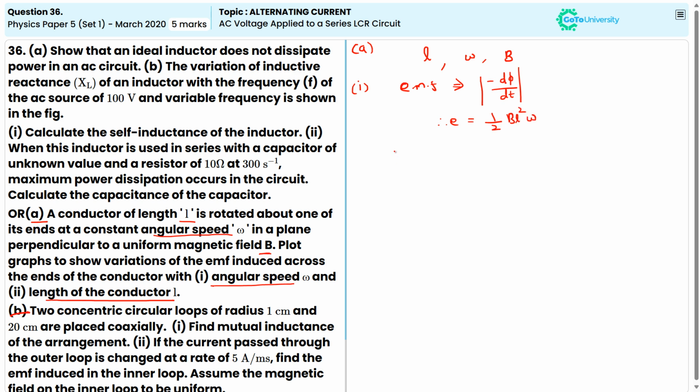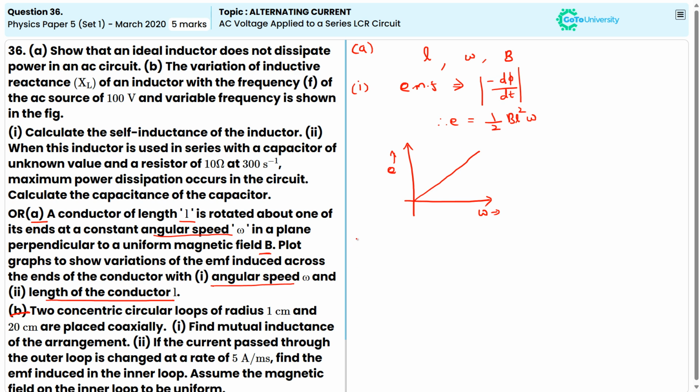Now first we'll get the graph for angular speed and the EMF induced. Let us take the angular speed omega on the x-axis and the EMF induced on the y-axis. Here the EMF induced and the angular speed are directly proportional, so we'll get a linear graph like this.